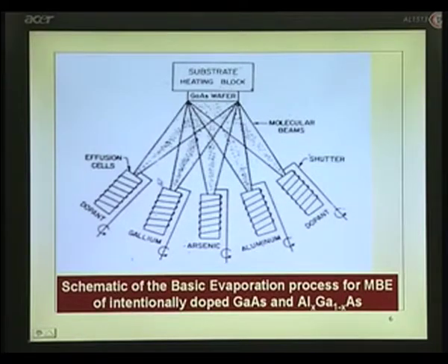But to keep the contamination level down by a factor of 10 to the power minus 5, you must have a vacuum further down by 10 to the power minus 5. That is, you need 10 to the power minus 10 torr. To give an idea, 760 torr is 1 atmosphere.